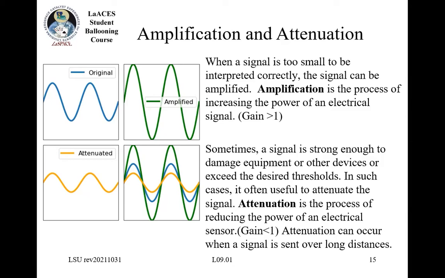It could be an electrical signal and you have resistive losses in the cable between your sensor and the point where you're reading it out. So often attenuation is something that you're not even attempting to do, but because of the physical setup of your sensor, it is something you'll have to either counteract or take into account.